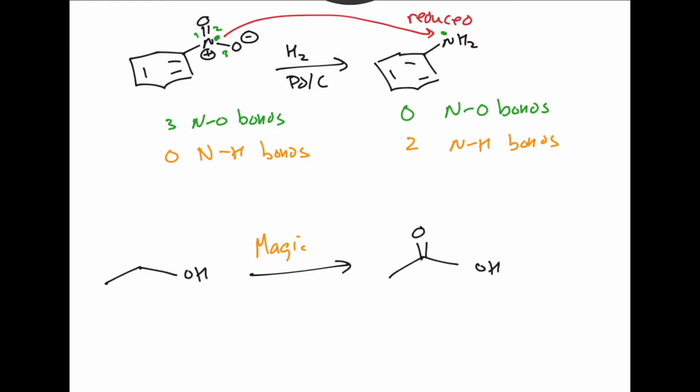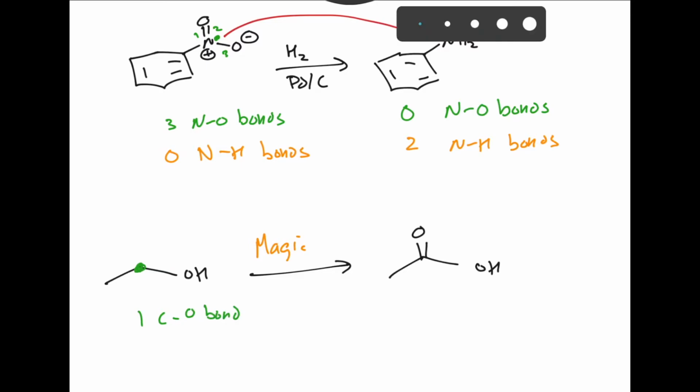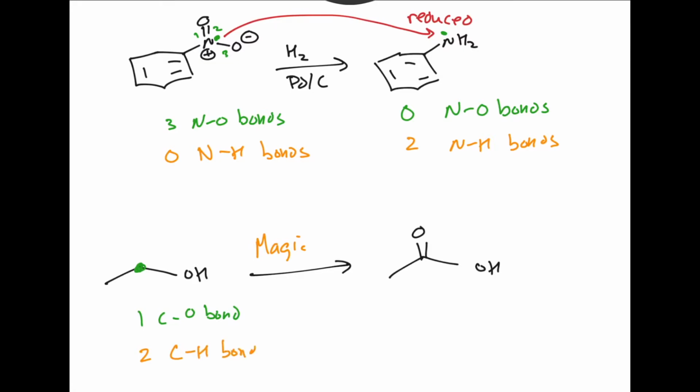All right. So if we look at this carbon here, how many oxygen bonds does it have? 1. So I have 1 CO bond, and I have 2 CH bonds, right?